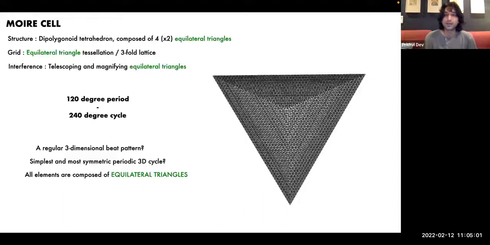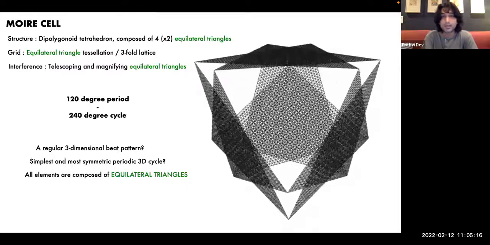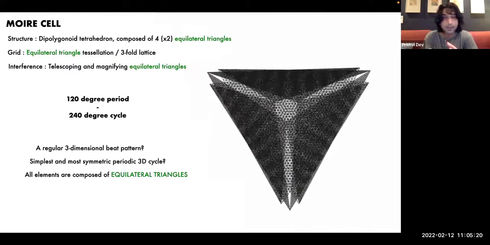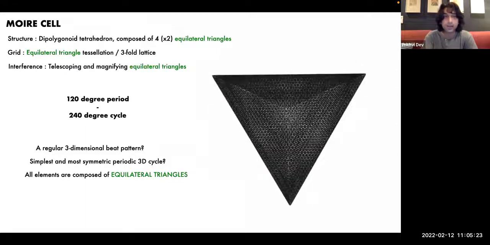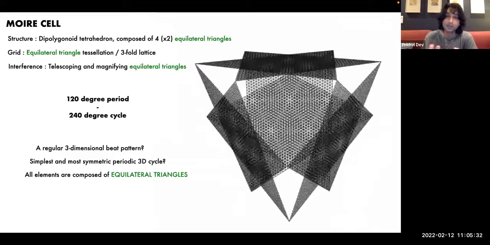I began experimenting by building a couple of these structures, and here we have this Moire cell, which is the tetrahedron dipolygonoid expanding, and it has a 120-degree period. What that means is at 120 degrees, the Moire pattern completes one period, and 240 degrees is where the structure expands and then contracts.